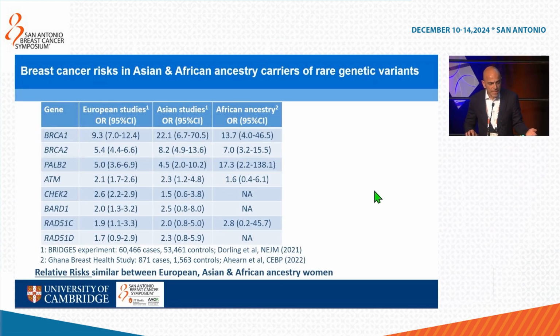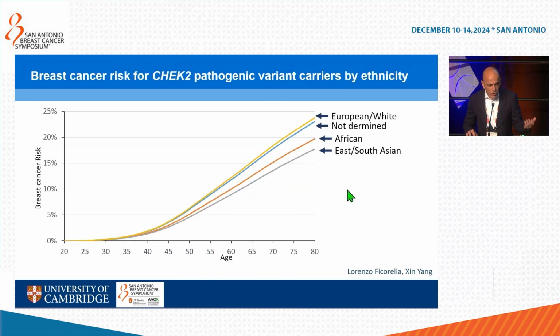There have been a few studies published now that looked at the estimates of the relative risks for pathogenic variants across different populations. And the picture that is emerging from these studies is that the relative risks appear to be very similar. This is the main assumption that we make in the models, that the relative risks remain constant across the different ethnic groups, but there are some differences when it comes to the pathogenic variant frequencies.